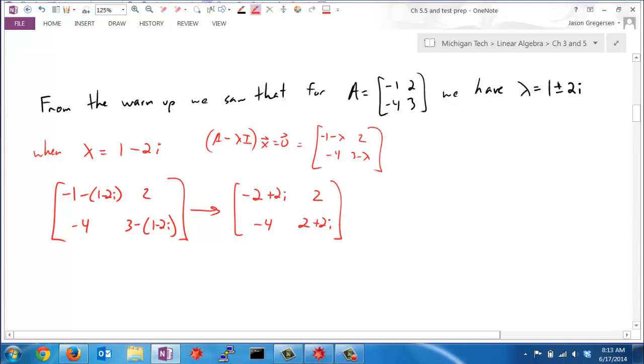And now what would I do to finish row reducing? That would be a giant pain. I could certainly go through the steps. I want to turn this into a 1. Before I can turn it into 1, I want to turn it into a real number. To turn a complex number into a real number, I would multiply by its conjugate. And what's a conjugate?